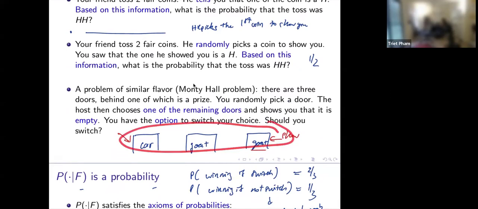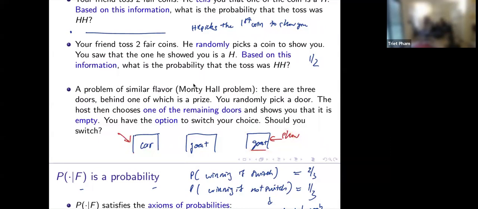Behind one of them is a prize, a car, and the other doors are empty or something you don't want, like a goat. You pick a door at random. Let's say you pick this one. And then the host, among the other two doors, will show you a door that is incorrect. Let's say show you this one.